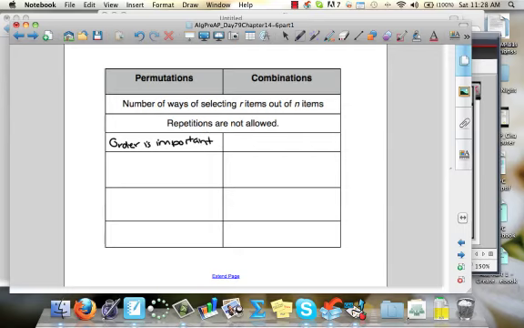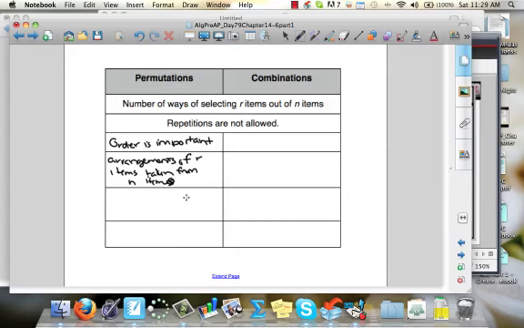Okay. We also know that they are arrangements of R items taken from a set of N items. Okay?